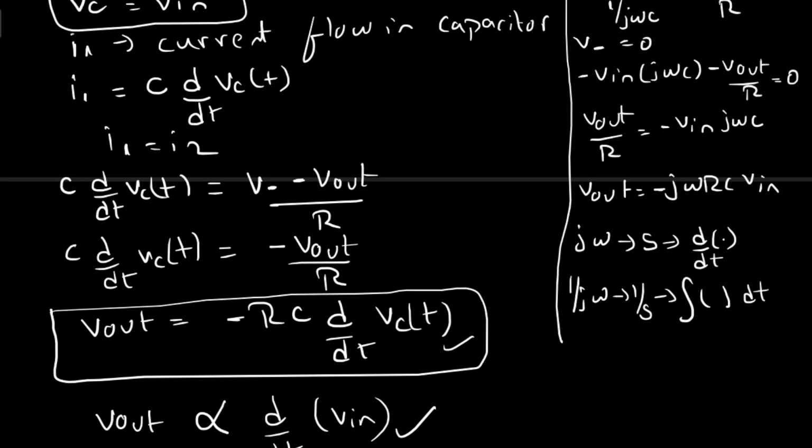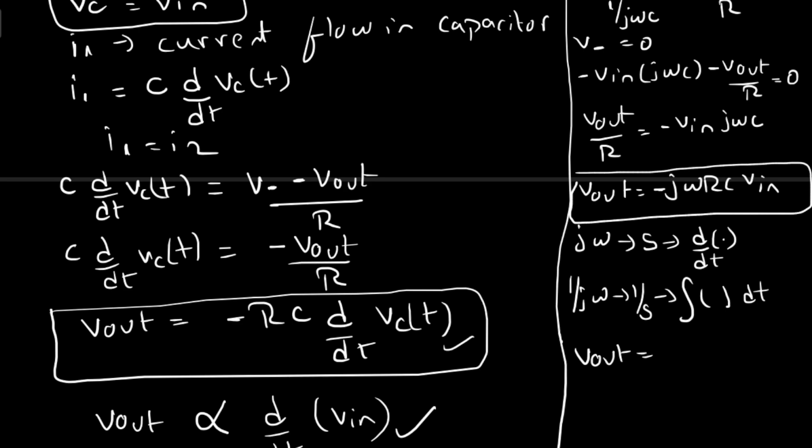Okay. So what happened here? Here we got V out equals minus j omega RC V in, our final V out value. But as a differentiator, you can represent it in terms of differentiation of the input. So in place of j omega, you can write it as d by dt.